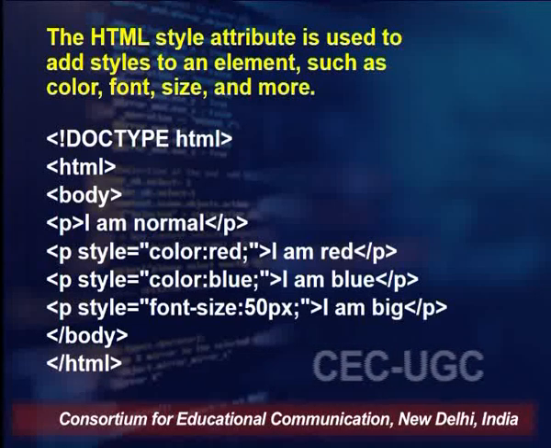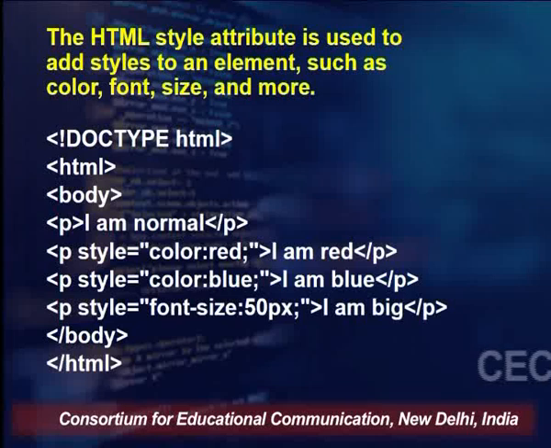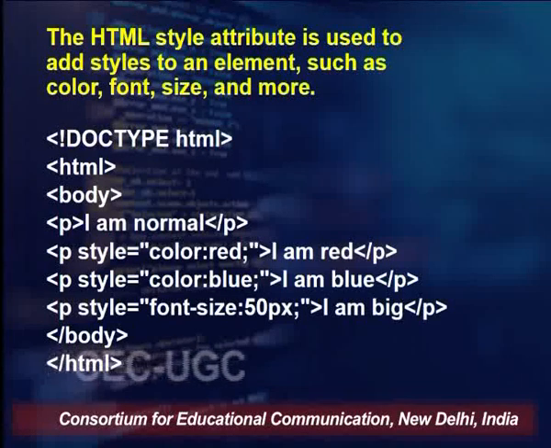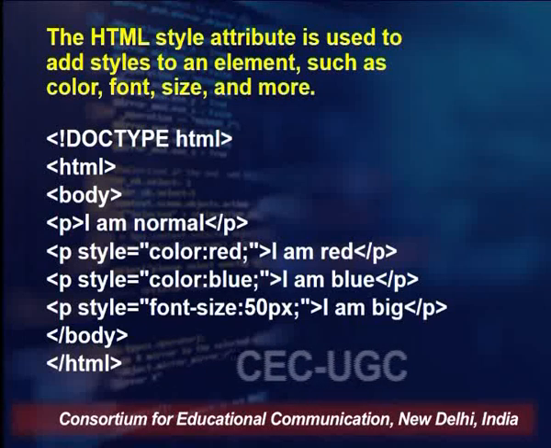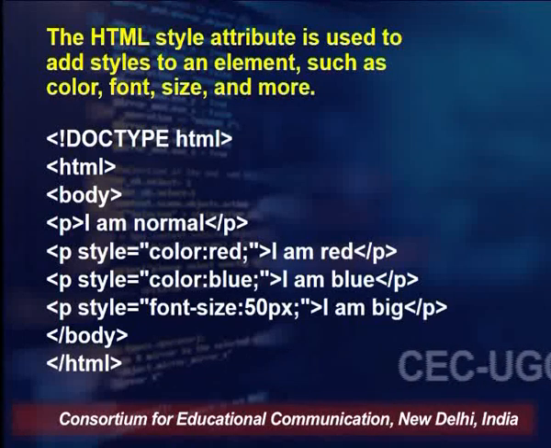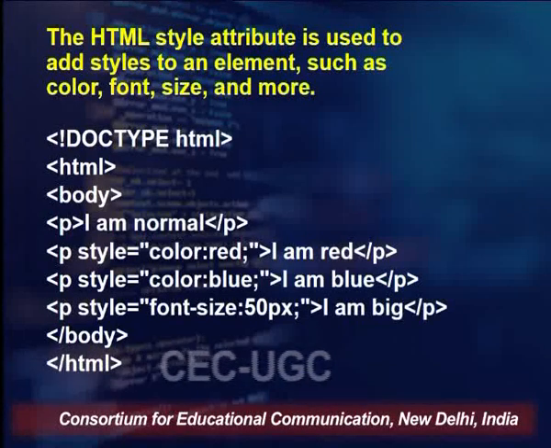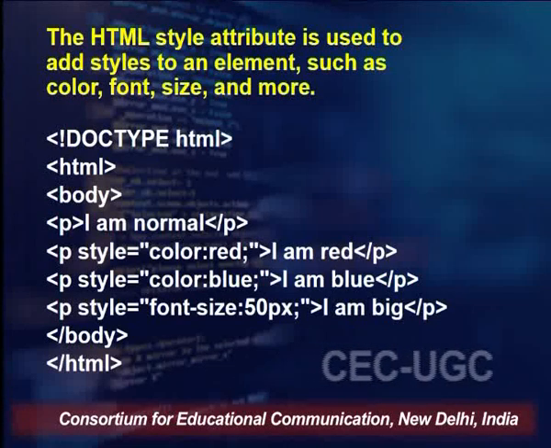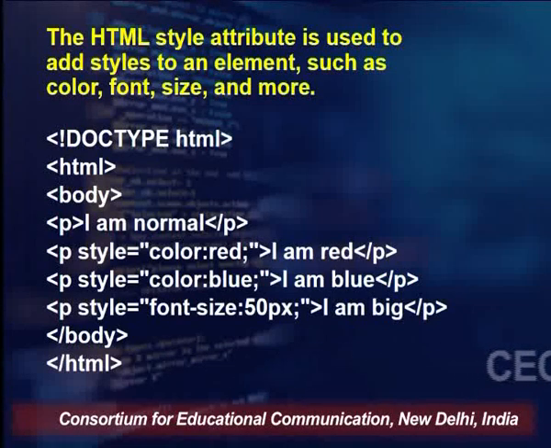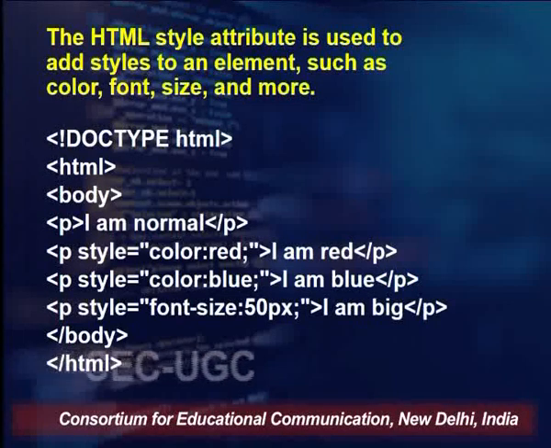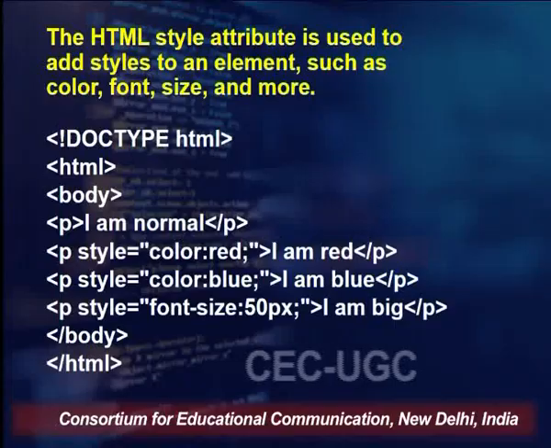Then on the next line we have p style. In a similar manner we have color blue, and then the text 'I am blue' followed by /p. Then p style equals font dash size colon 50 px. Px is for pixels, so here the font size is going to be 50 pixels.